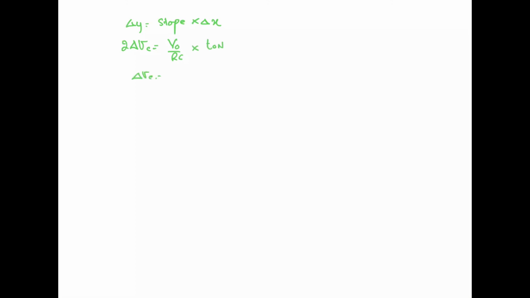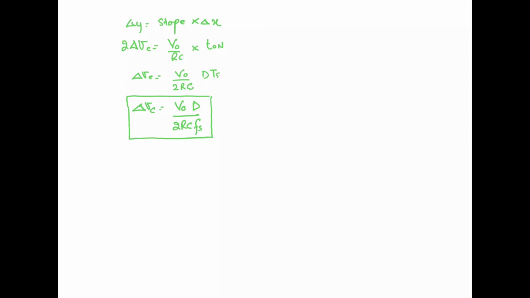So from here delta Vc will be equal to V naught by 2RC into D into Ts, because the on interval in terms of the duty cycle is written like that. So delta Vc will be equal to V naught into D divided by 2RC into Fs, where Fs is the switching frequency and is equal to 1 by Ts, right?